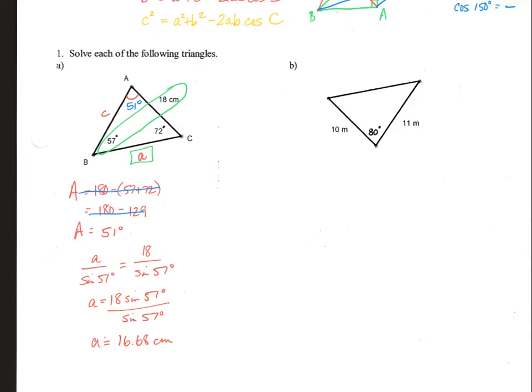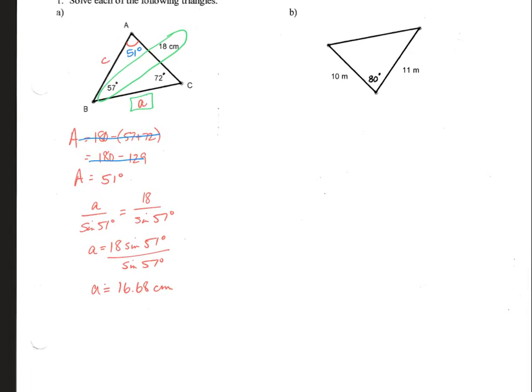Okay, lastly, we're going to work our way through to find the last missing side, that being side C. To find side C, that would be my side over the sine of the angle. And I'm going to keep using that key fraction, that key ratio, my b's.